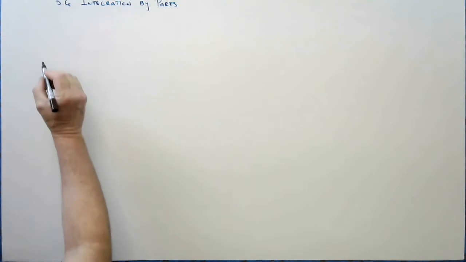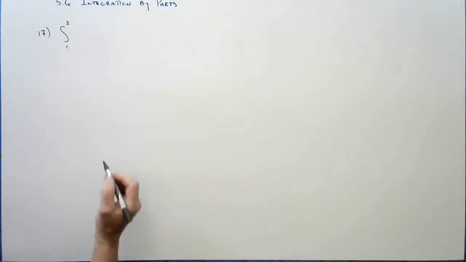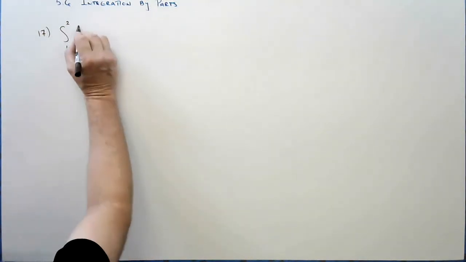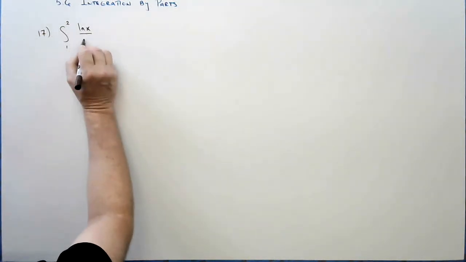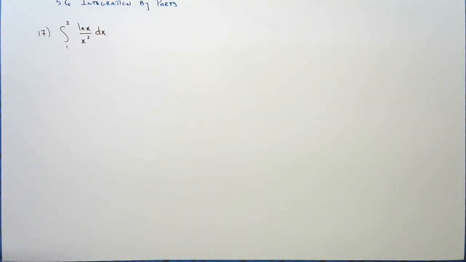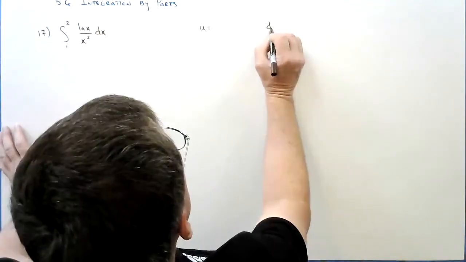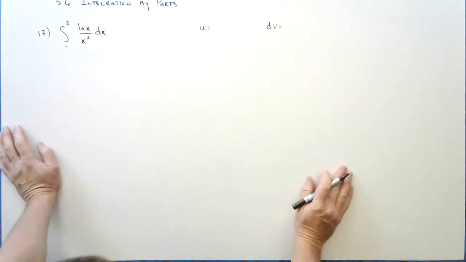Okay, next problem on the list is number 17, another definite integral. It's the integral from 1 to 2 of the natural log of x divided by x squared dx. Now, when we make our choices for u and v here, we're going to have to go back to our foundational approach.